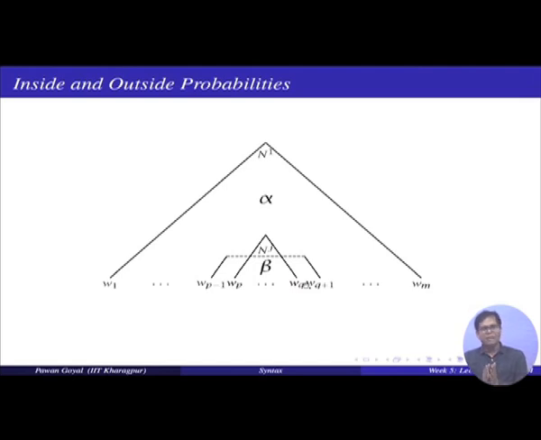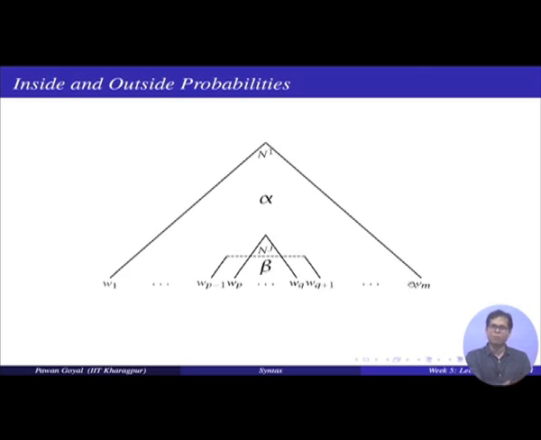Now with respect to that, I am defining my inside probability and my outside probability. As you can guess, this is something outside of that and this is something inside of that. So how do I define them? Outside probability is that starting from N1, I can derive the sequence W1 to Wp minus 1, this non-terminal Nj and the sequence Wq plus 1 to Wm.